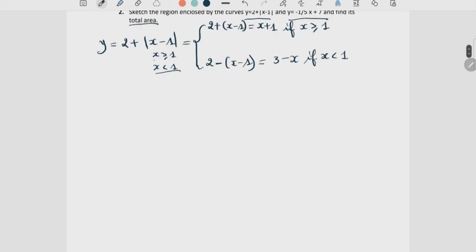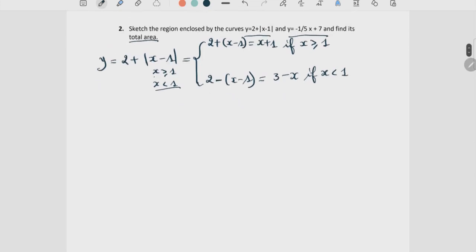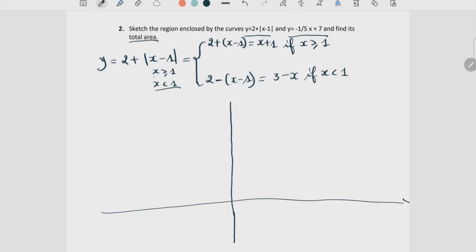So now that we have that, we can go on to draw our region. So let's assume that these are the axes, and we have a significant number here, which is 1, right?